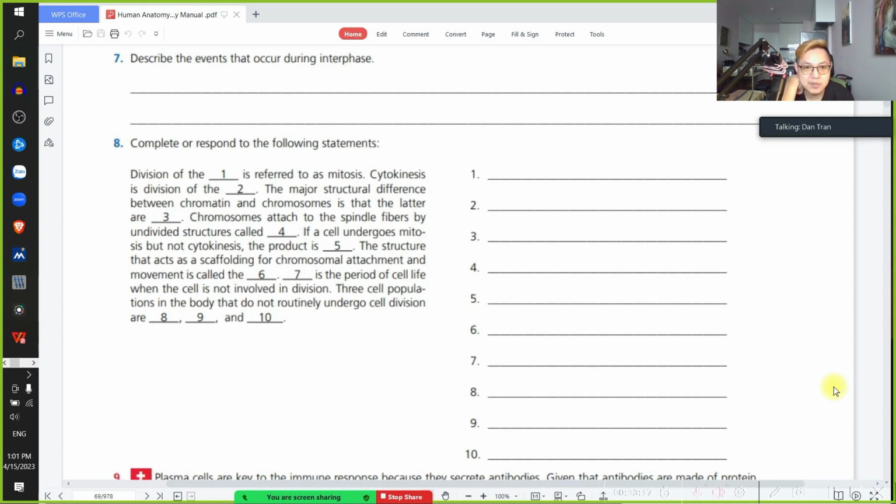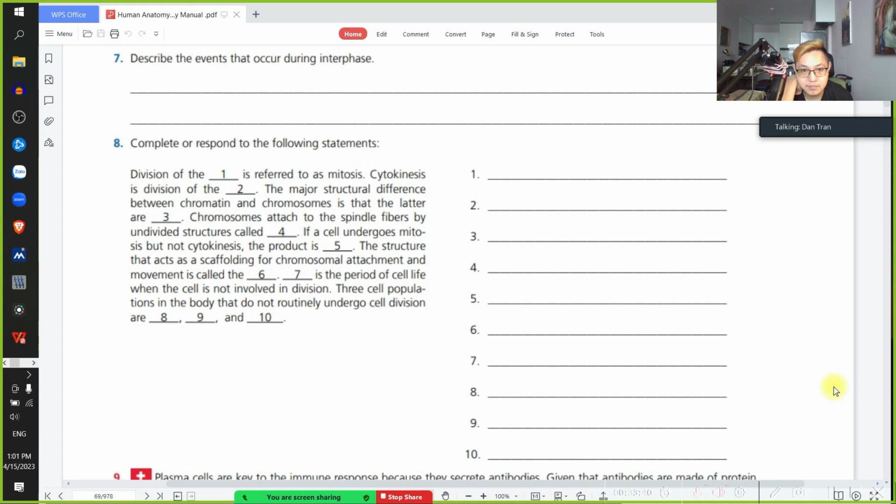Chromosomes are attached to the spindle fibers by undivided structures called. Nhiễm sắc thể nó dính với lại những cái sợi spindle fibers bởi những cái cấu trúc mà không được phân chia được gọi là genes. Say again.